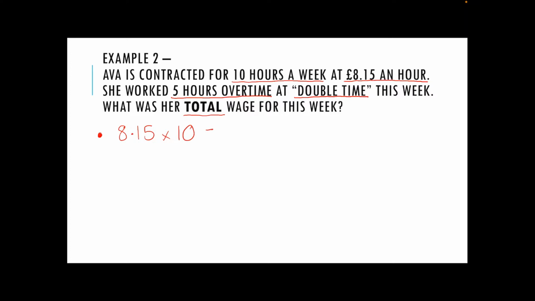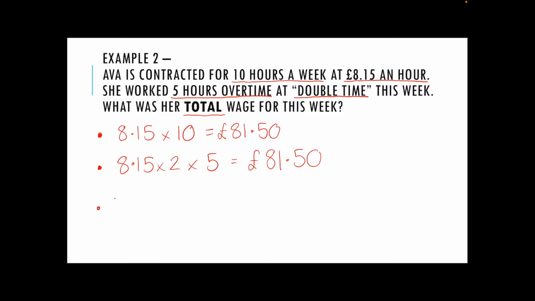So that's her £8.15 times by her 10 normal hours. So that's £81.50. Her overtime is going to be, so your £8.15 at double pay for 5 hours, and that is also going to happen to be £81.50.